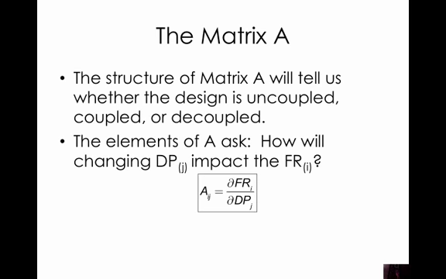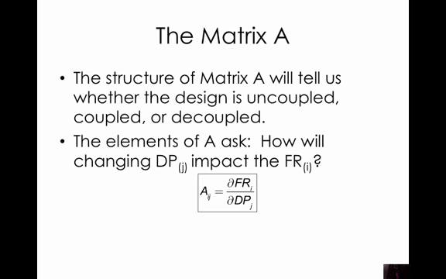So the question that this matrix asks us to determine is, if I change design parameter 1, how will that impact functional requirement 1? And will it impact functional requirement 2? And if so, then I haven't met that independence requirement that I'm looking for.